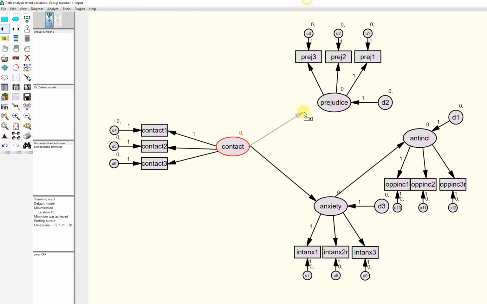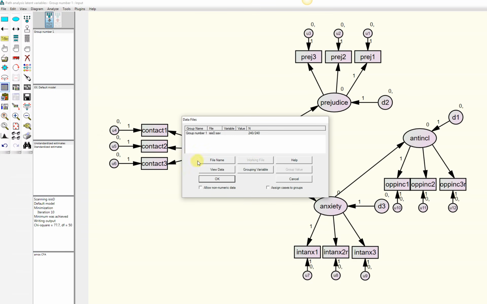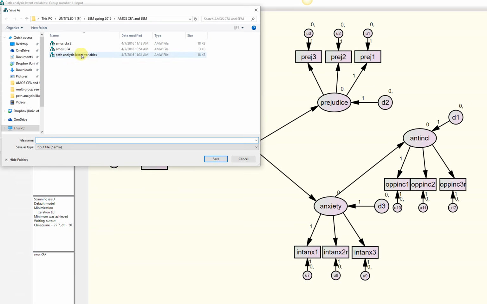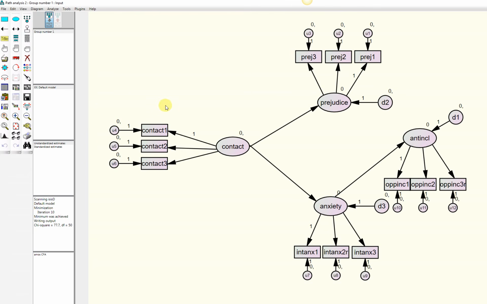With this model modification, I'm going to rename this file. I'll go to File, Save As, and call this Path Analysis 2, save it, keep everything as is, calculate the estimates, and see what happens.